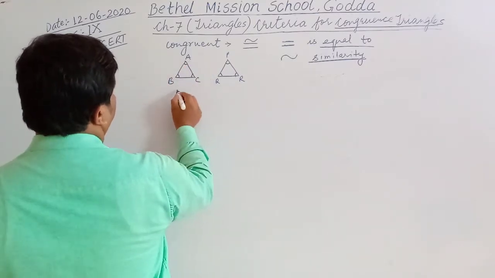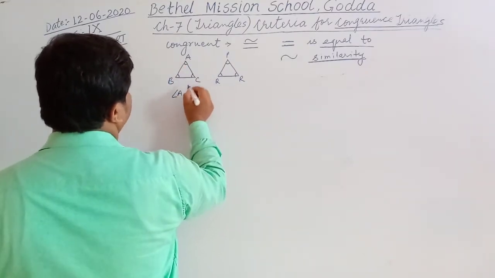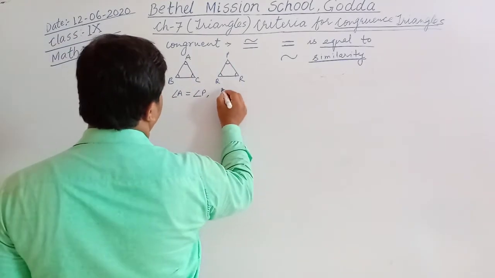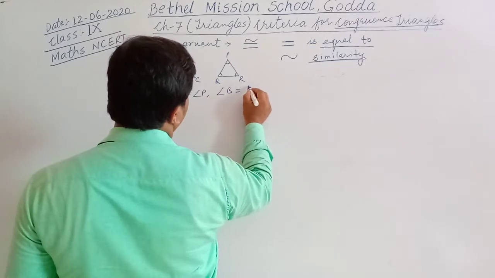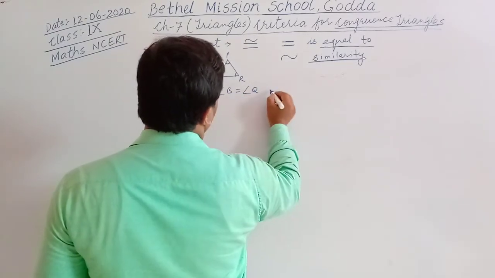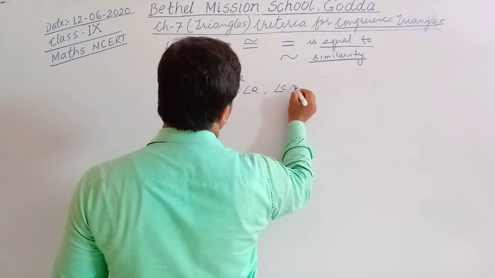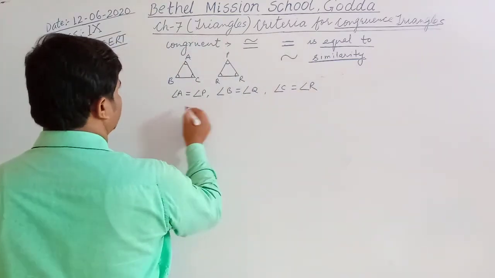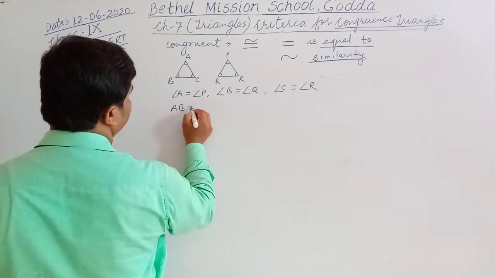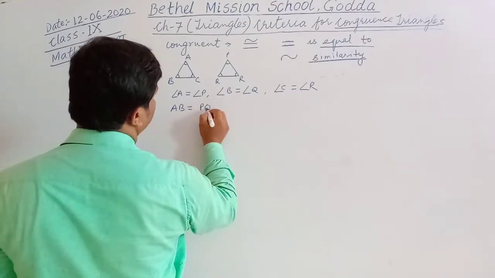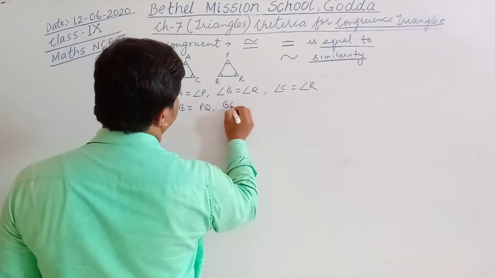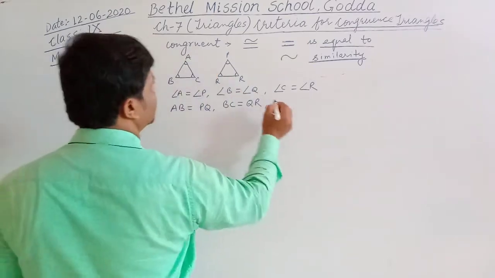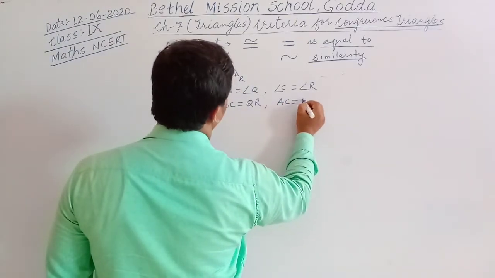That means angle A is equal to angle P, angle B is equal to angle Q, and angle C is equal to angle R, and their corresponding sides AB should be equal to PQ, BC should be equal to QR, and AC should be equal to PR.